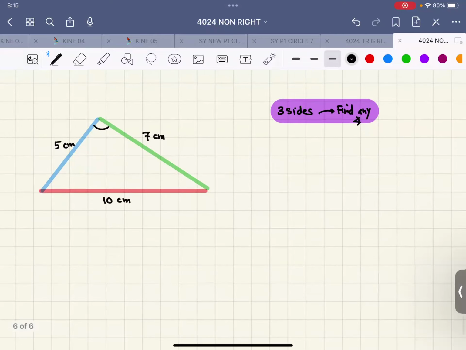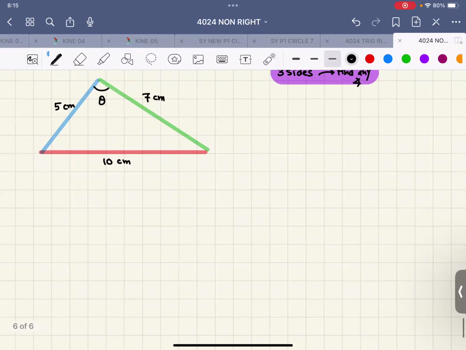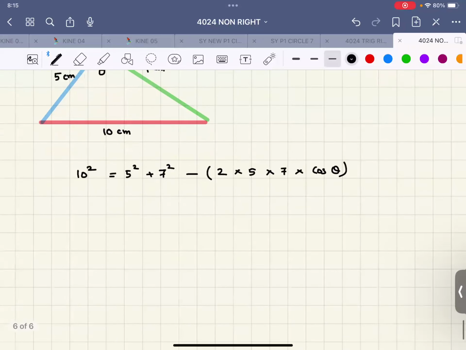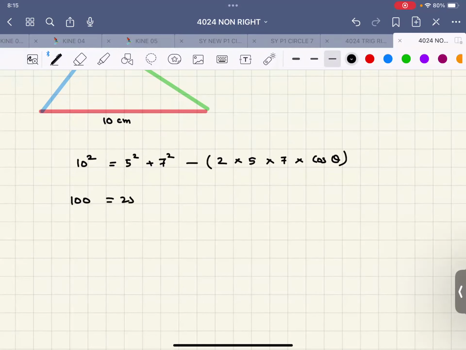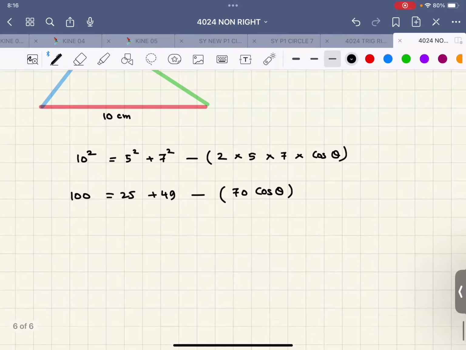Now, this angle, let me call it theta. So we will write from the perspective of 10. 10 square is equals to 5 square plus 7 square minus 2 into 5 into 7 into cosine of theta. This is 100. This is 25. This is 49 minus 2 5s are 10. That is 70 cosine theta.